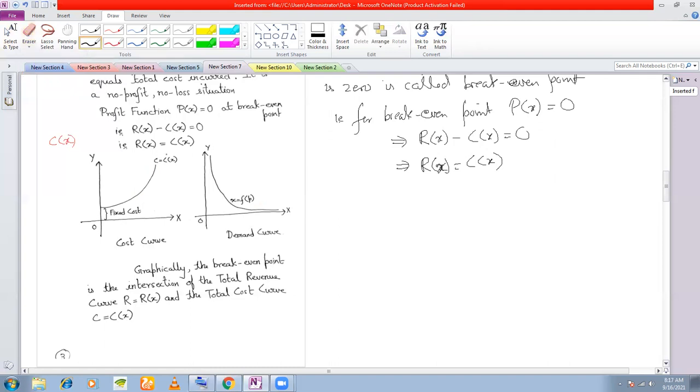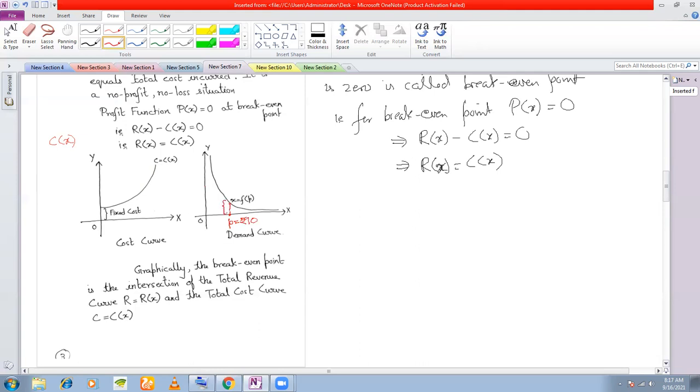Let us say you want to find out the demand at a price equal to 10 rupees. How will you find out the demand?